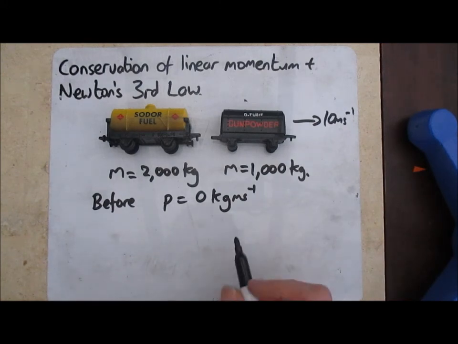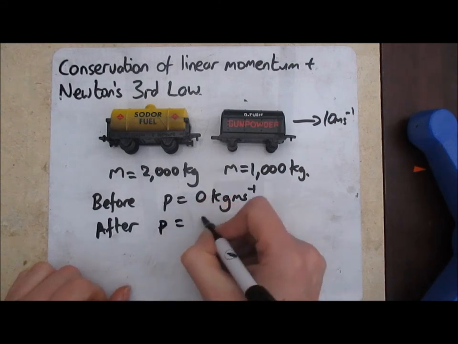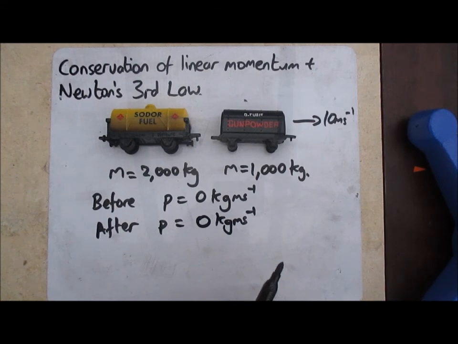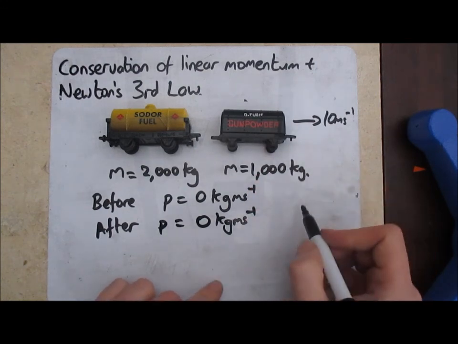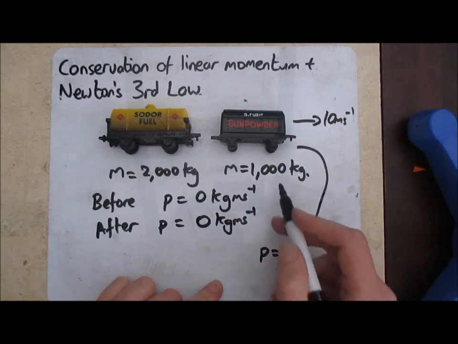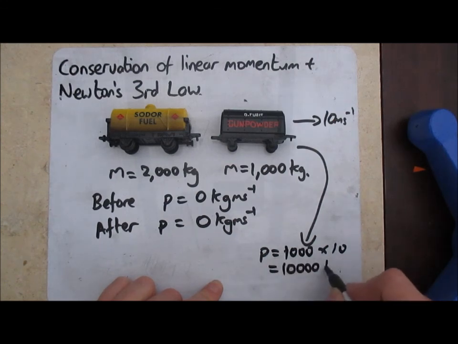We know that momentum after still has to be 0, because it was 0 before when they were stationary, before the explosion. The gunpowder truck has a momentum afterwards of 1,000, that's its mass, times 10, which is 10,000 kilogram meters per second.